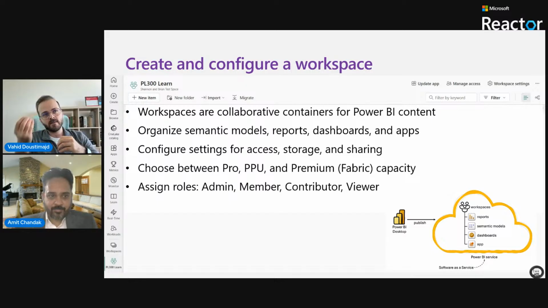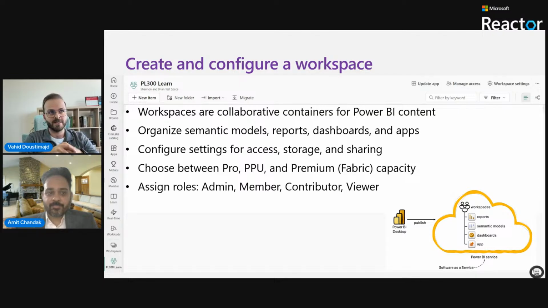But on the other hand, if you want to use more items and more features of Power BI, in Pro there are some limitations. You can auto-refresh your data set 8 times a day, but with Premium or Power BI PPU, you can have more options.